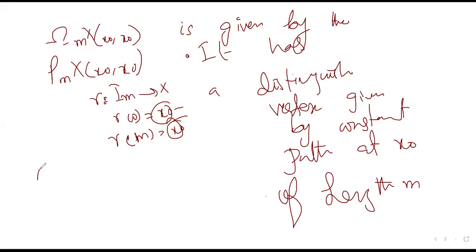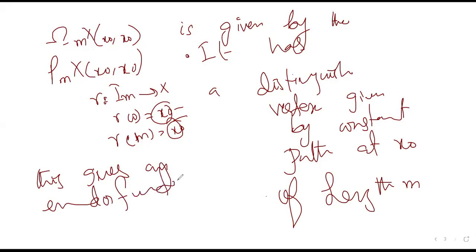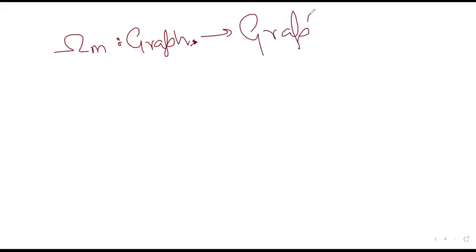This gives an endofunctor. What is an endofunctor? First of all, we have to know what a functor is. The endofunctor Omega_m goes from the category of pointed graphs to the category of pointed graphs.